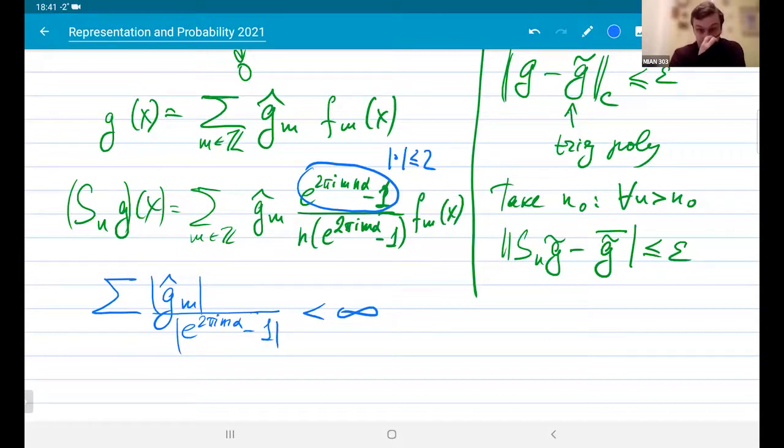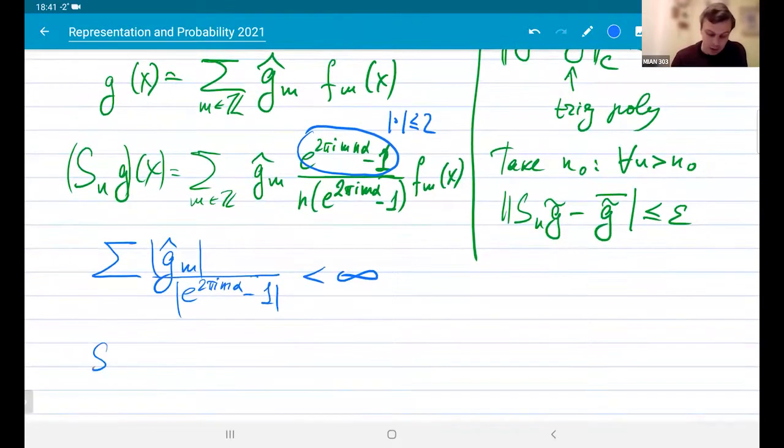Because then you have a convergence, and the rate of convergence is 1 over n. Then S_n g minus g bar in the C norm is estimated by 1 over n. A very fast convergence. Well, maybe some constant.